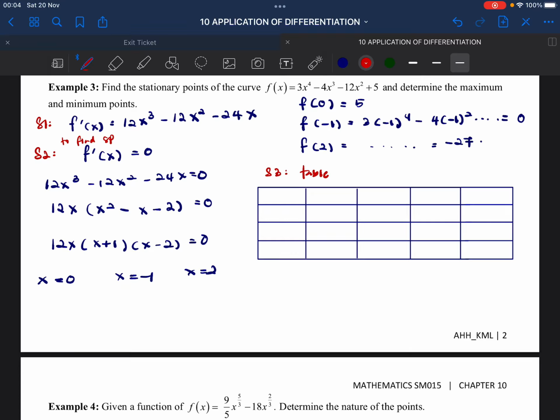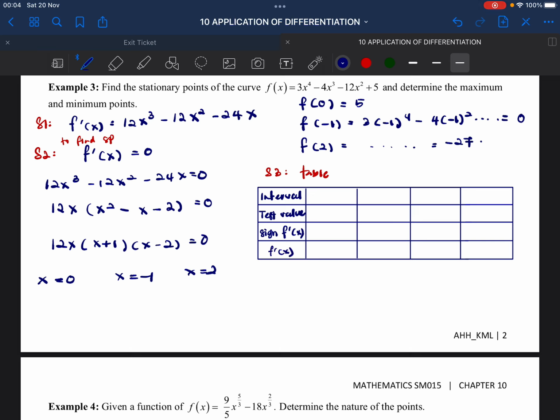So here we are going to put our interval, here we are going to put the test value, and here we are going to put the sign of f prime x.